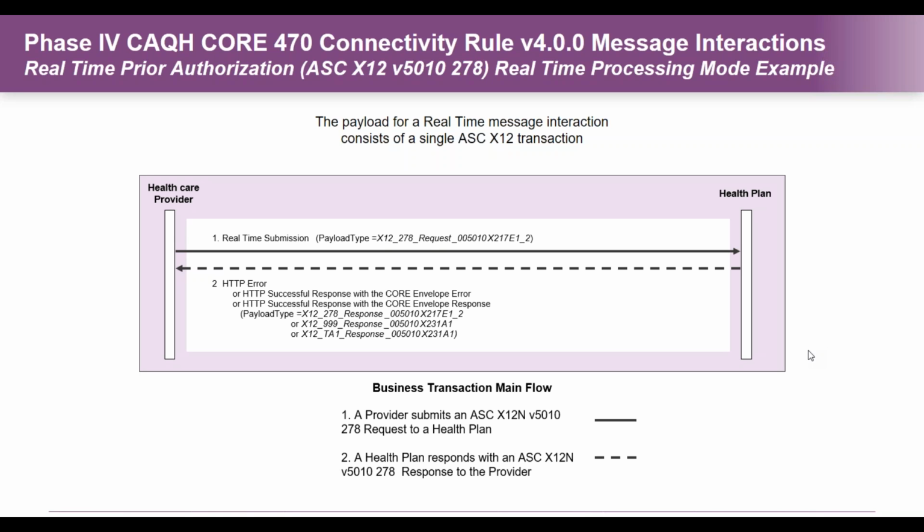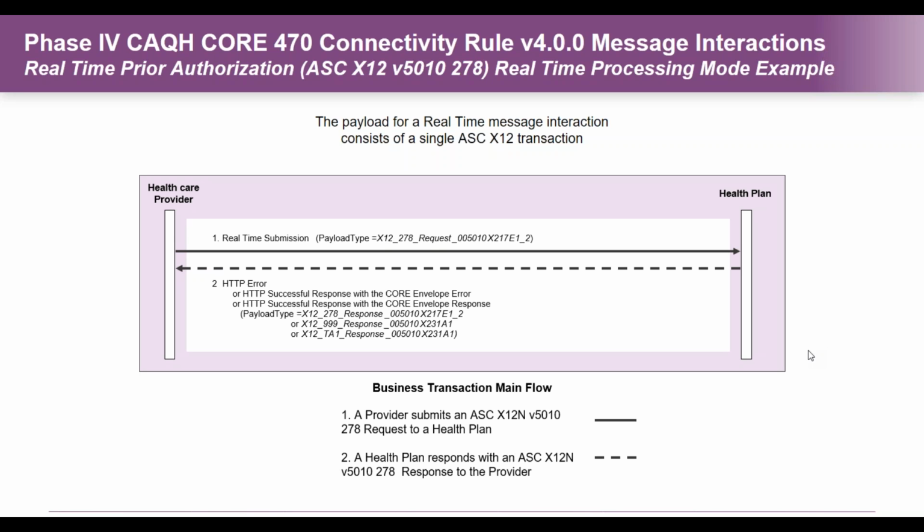If that was successful, there was no errors at the HTTP level, you might get an error at the core envelope processing level. If not, the response may be a successful response with the corresponding payload type value, depending on the level of validation that's performed by the health plan.